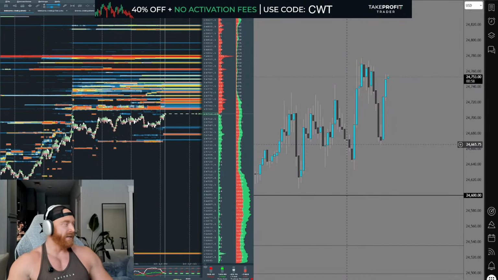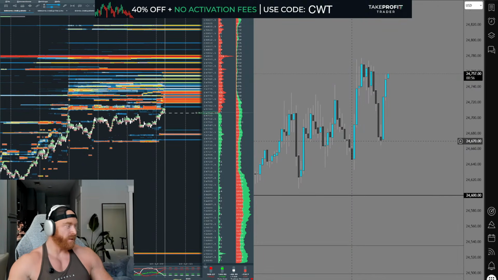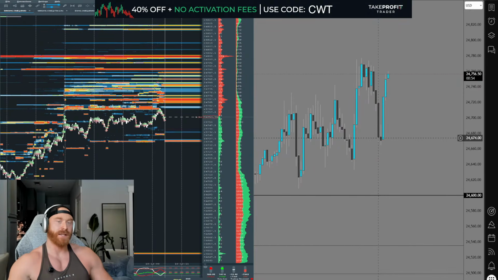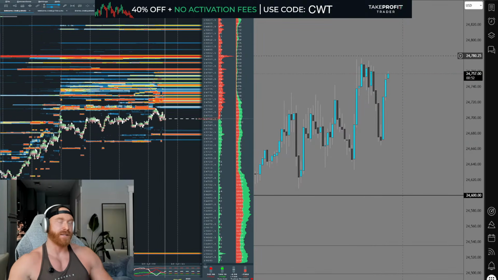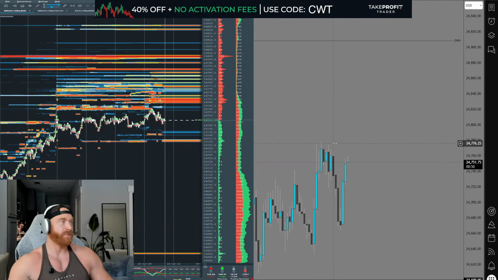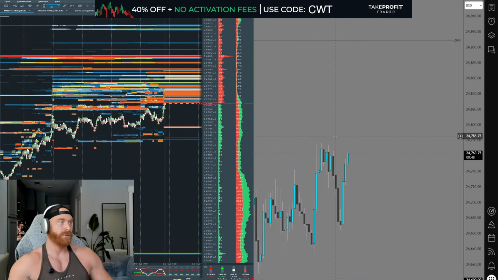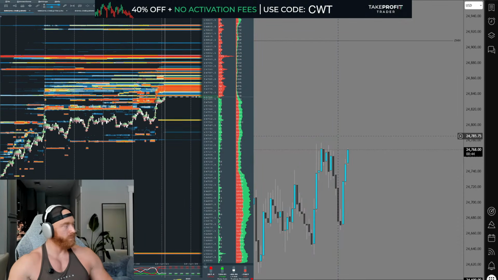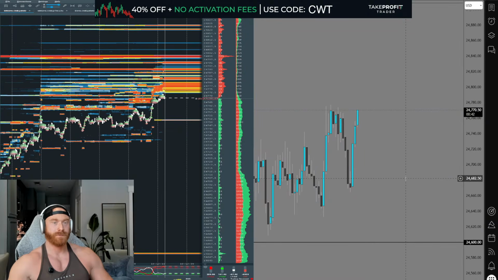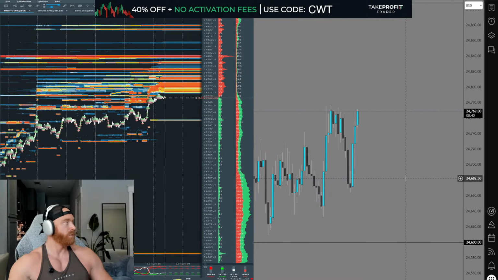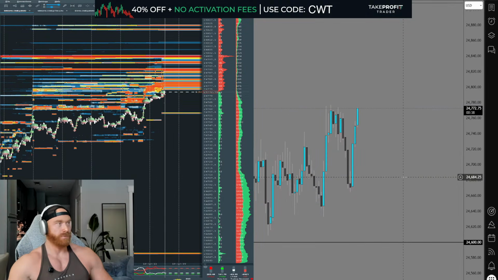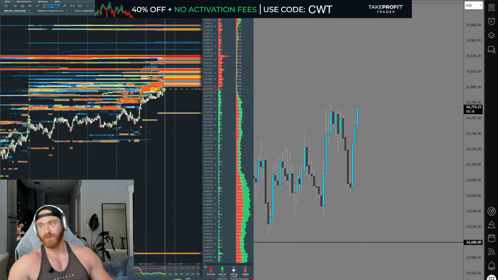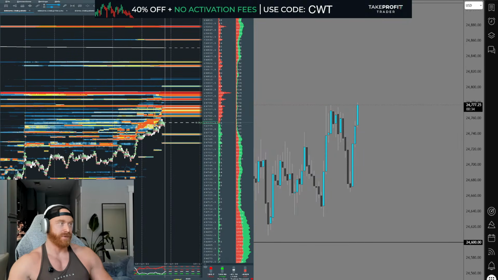Classic AMD. Tyrone, you think this is the accumulation and then the move down was the manipulation, then it's going to distribute to the upside? Bookmap is lit up above us here, but it keeps rejecting.